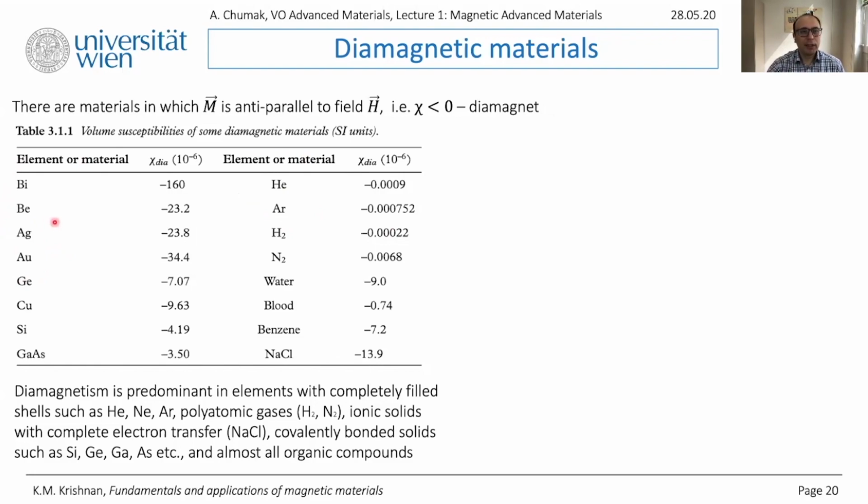It's a bit more complicated to explain, but just keep in mind that copper is also diamagnetic. Then we have semiconductors, silicon, gallium arsenide. They are diamagnetic. Molecules, H2, N2, are diamagnetic. And very interestingly, water and our blood, so a human being, is also a diamagnet.